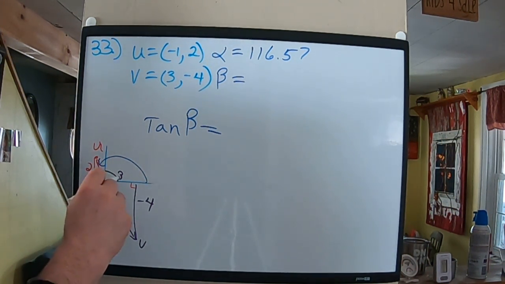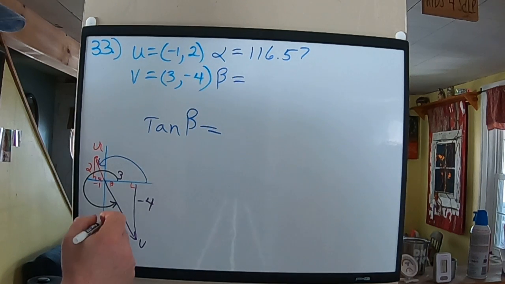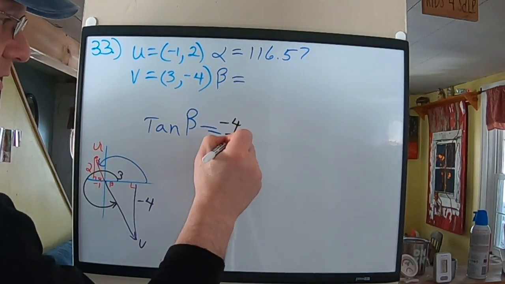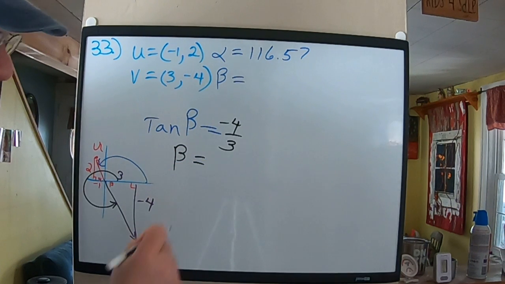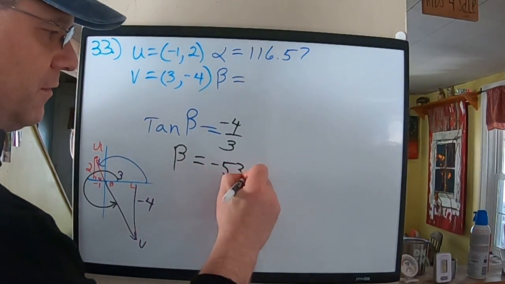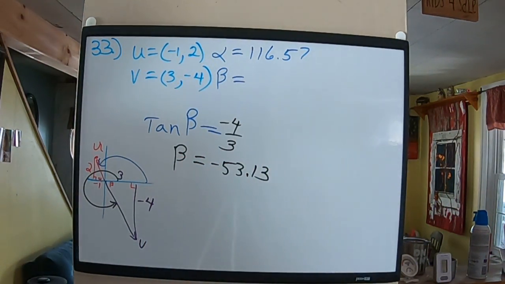So opposite over adjacent, -4 over 3. So beta, according to the calculator, when I plug in -4 over 3 and do inverse tangent, it gives me -53.13. Well, that's this angle. That makes sense in this case.